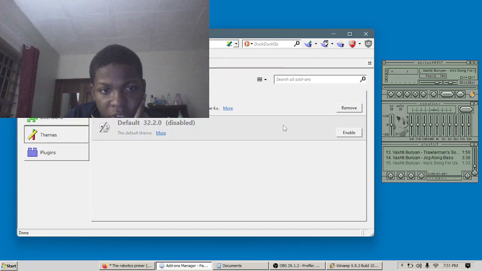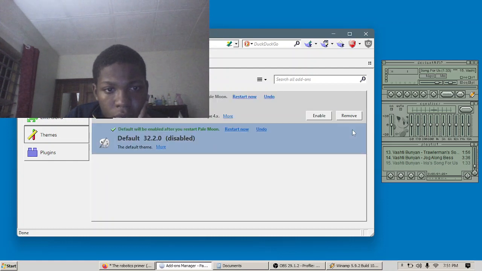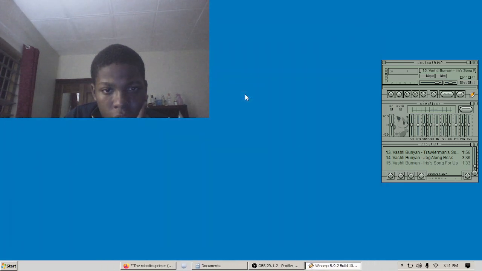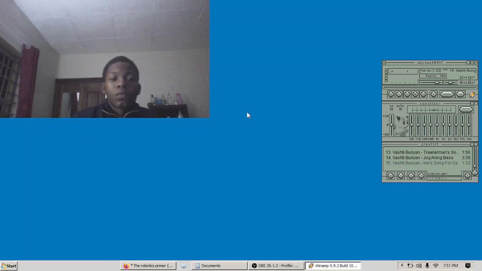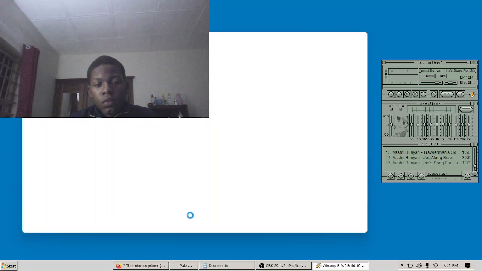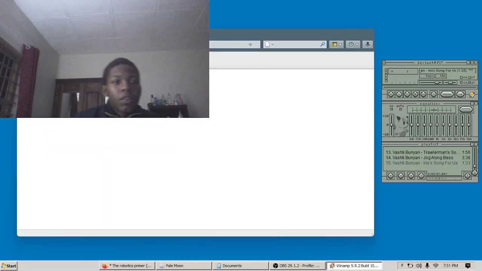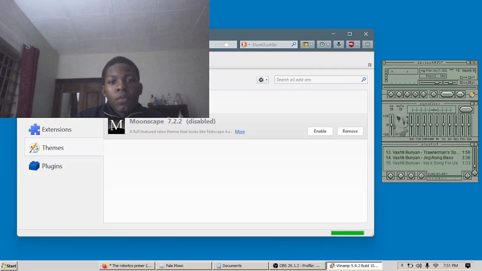Oh, themes. Here it is. Let me enable Moonscape. Let me enable the default. Oh, so here's the default. Some people might prefer it like this. I don't really, I prefer it the other way. But yeah, this is Pale Moon.